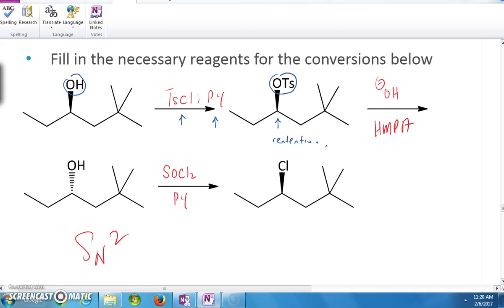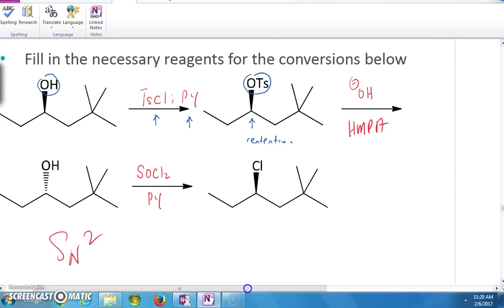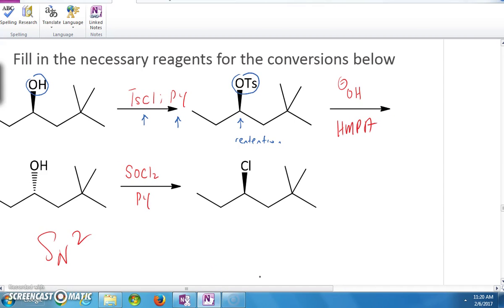Then you can make this react with a nucleophile. A nucleophile can come and attack, and it can lead to complete inversion of configuration. Don't forget, this is a negative charge on the nucleophile.